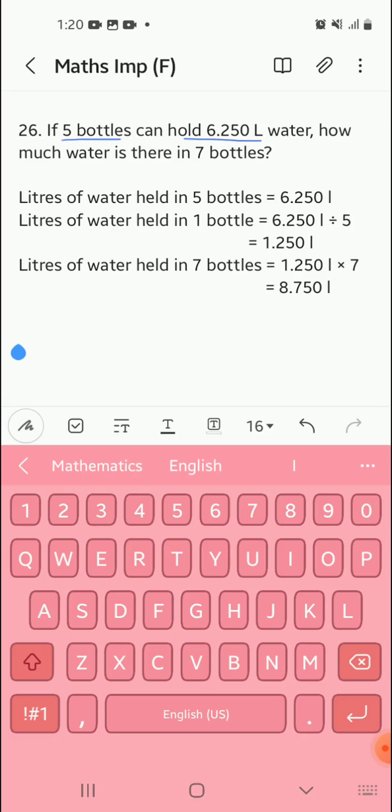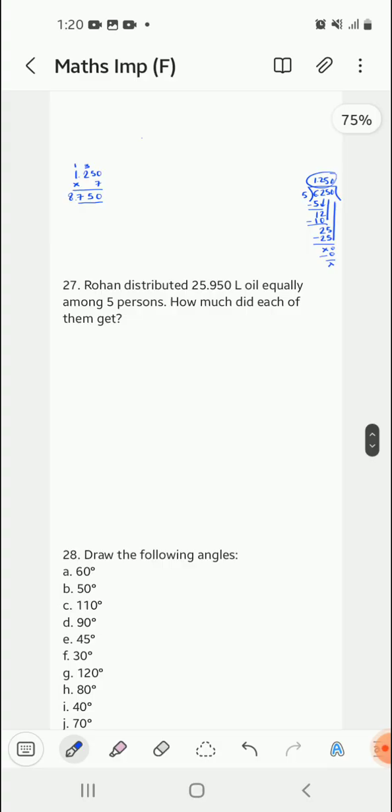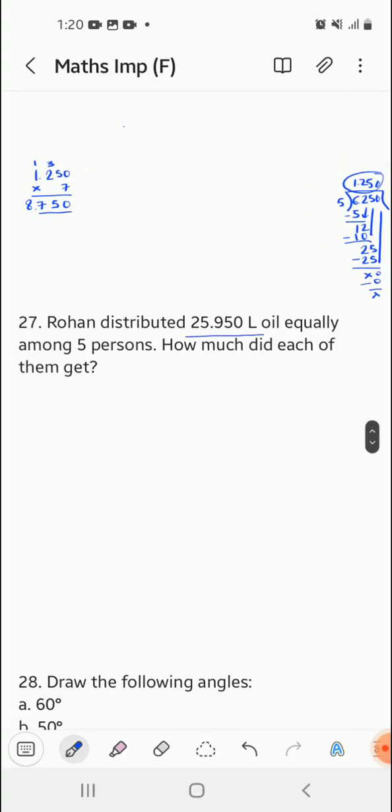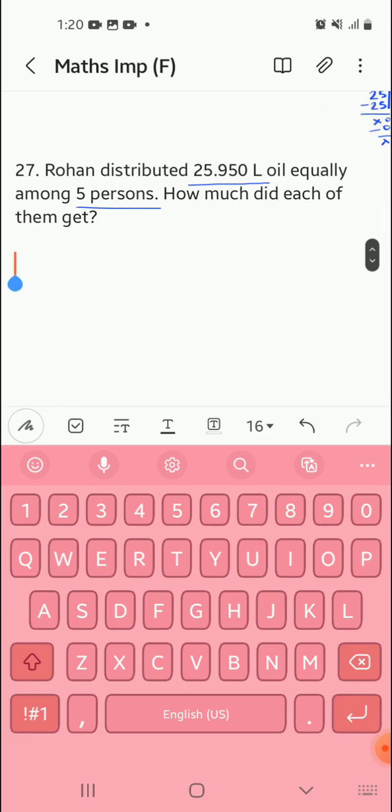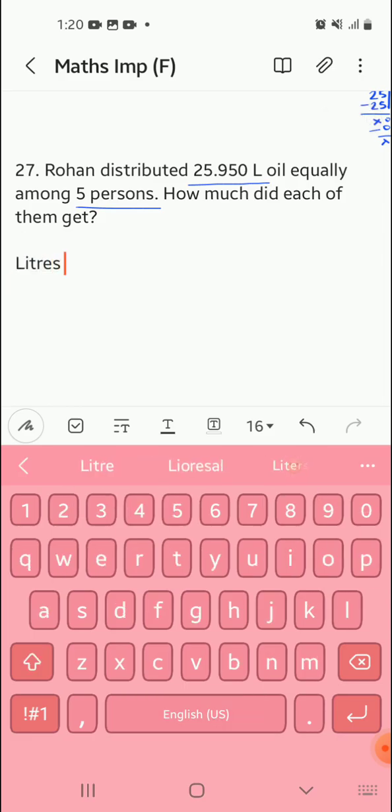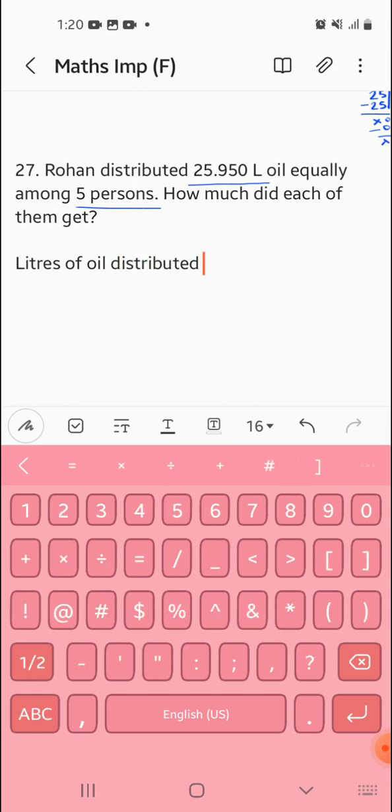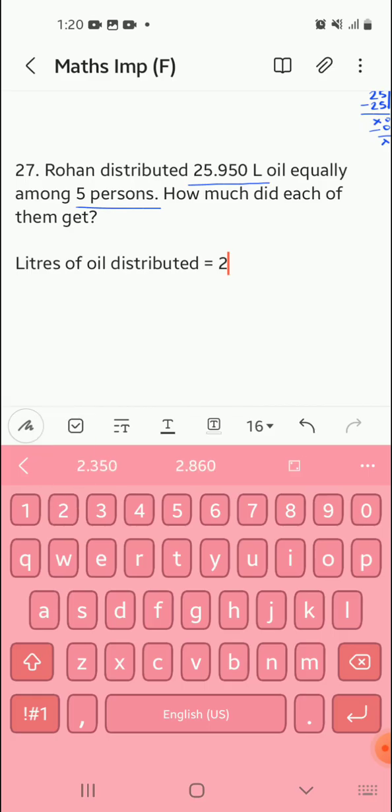Okay, after this we'll move to the next sum. Rohan distributed 25.950 liter oil equally among 5 persons. So how much did each of them get? So liters of oil distributed is equal to 25.950 liter, and number of persons is equal to 5.